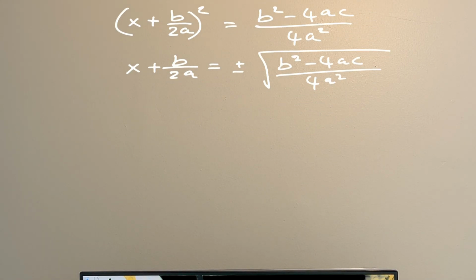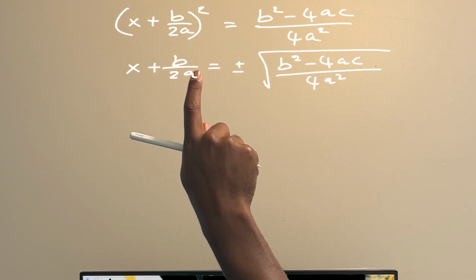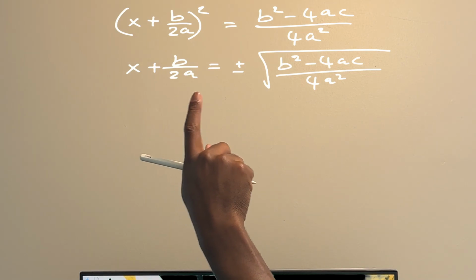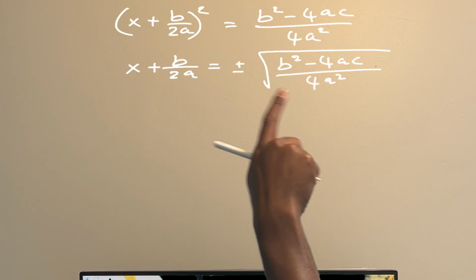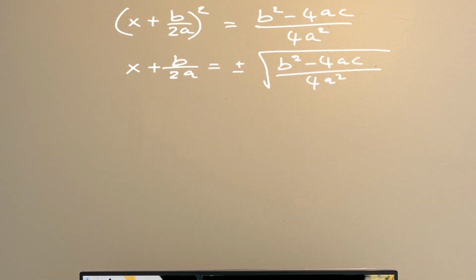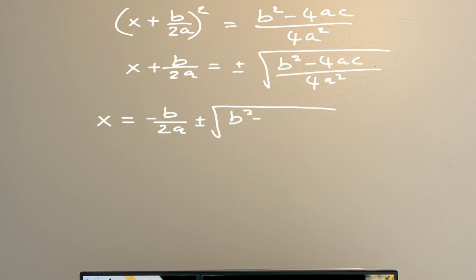At this point, this is a constant, so we can move it over here, because there are no x variables. So we're going to have x is equal to negative b over 2a plus or minus the square root of b squared minus 4ac over 4a squared.